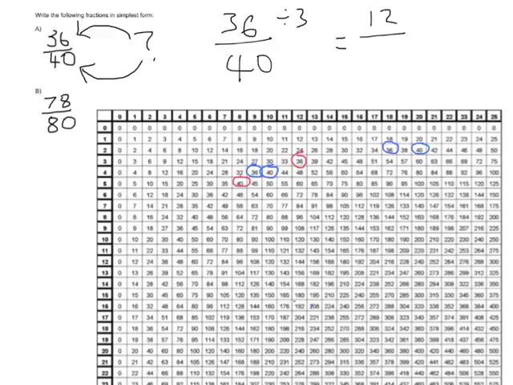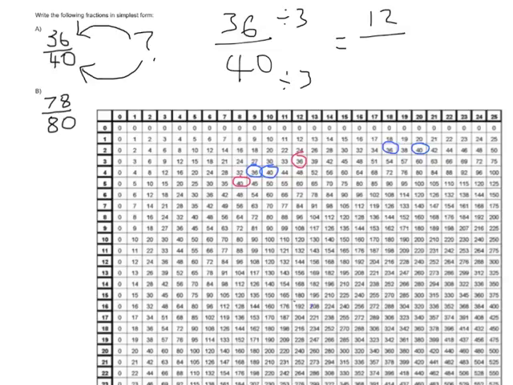So far so good. But 40 divided by 3, let's have a look. There is no 40 in here. So the multiples of 3 don't have the number 40, which means 3 cannot go into the number 40 equally.